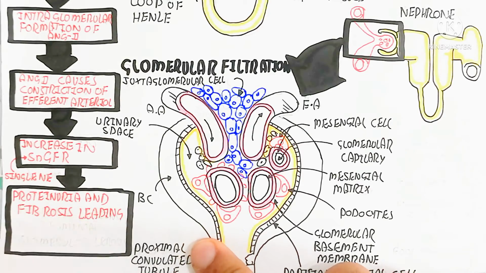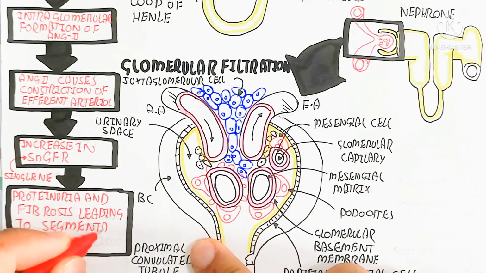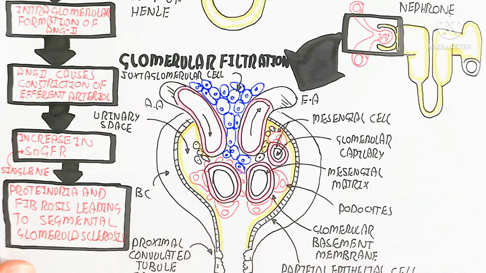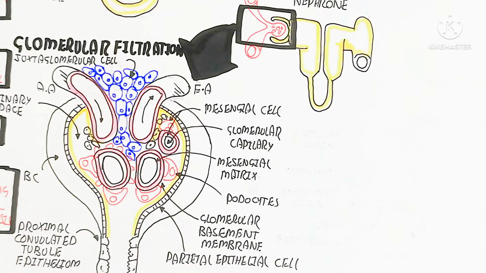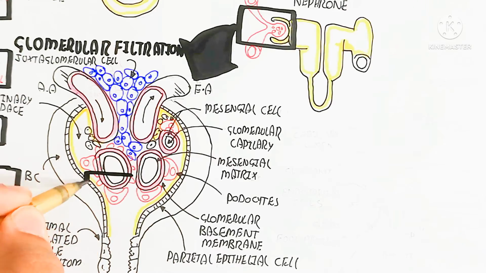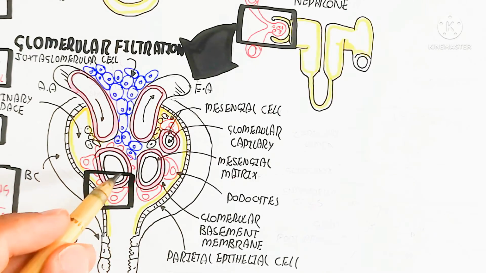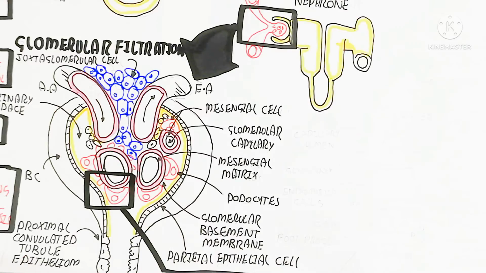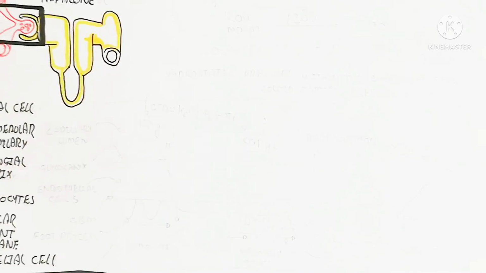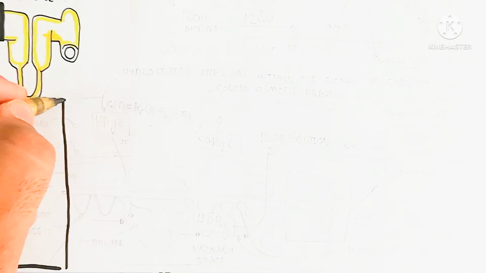In this way, problems can arise, such as proteinuria and glucosuria due to fibrosis, leading to segmental glomerulosclerosis. There is a lot we will discuss in the next video about diabetic glucosuria.